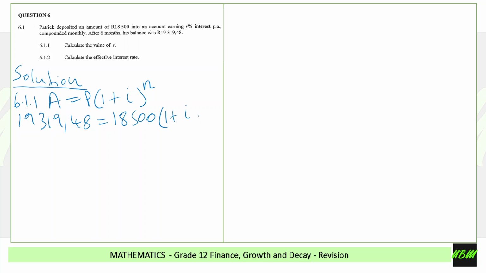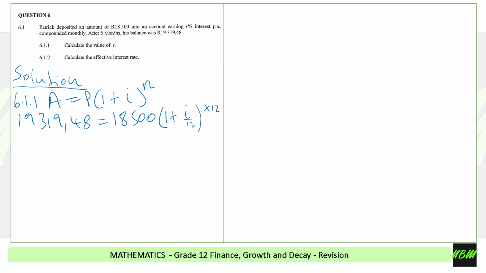Now, our interest is compounded monthly, so we are going to divide i by 12, and compounded monthly we are going to multiply n by 12. Remember, n is the number of years, so the question is how many years?